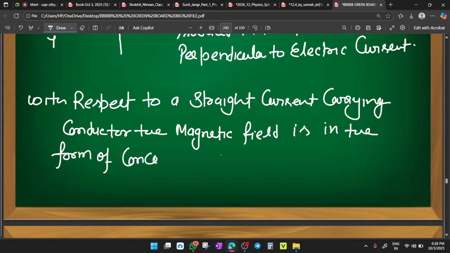Clear? Concentric circles. Okay, later on we will derive a relation for the magnetic field due to a current carrying conductor.